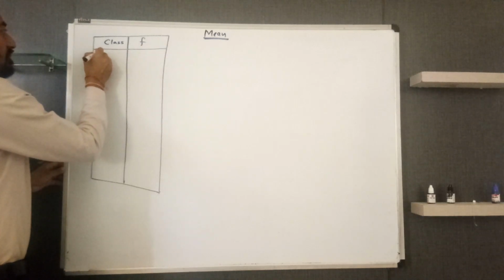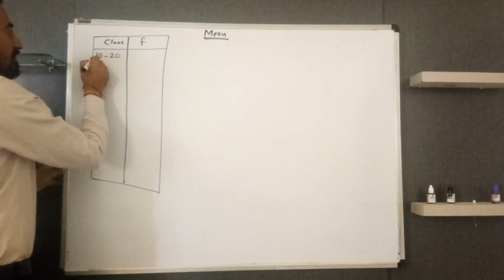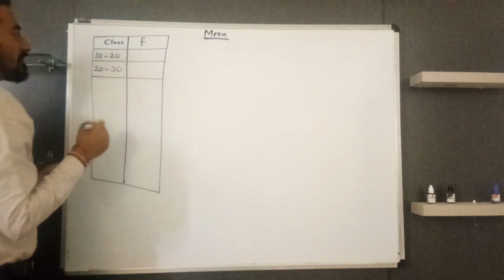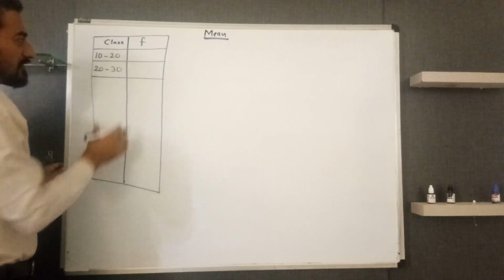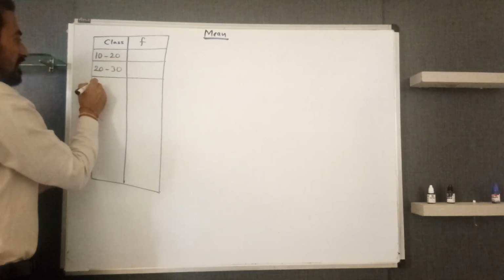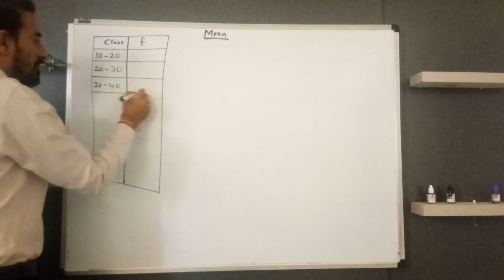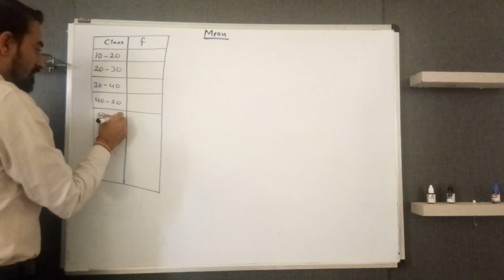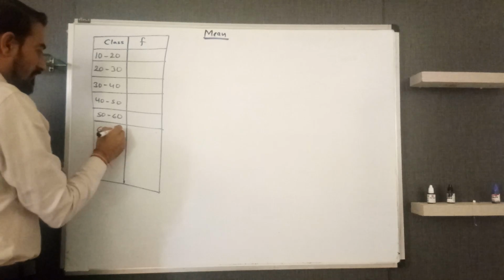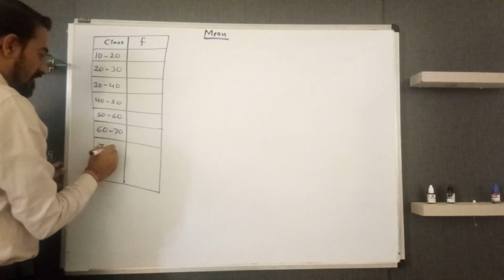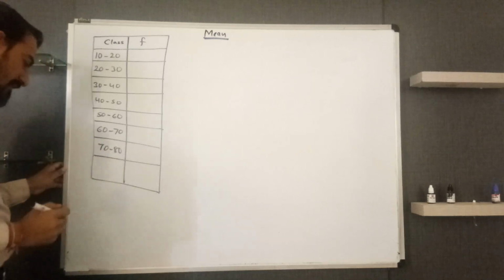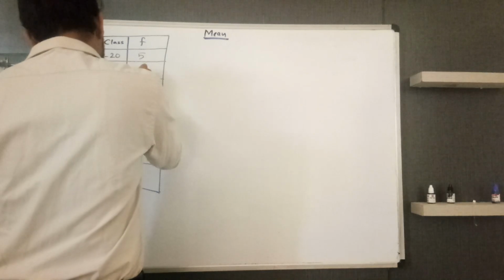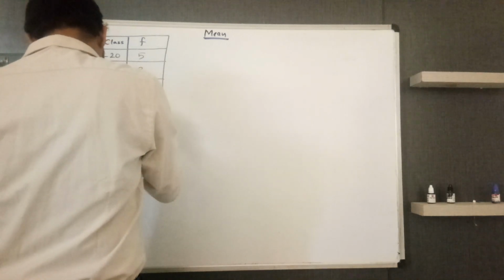I am taking classes 10 to 20, 20 to 30, 30 to 40, 40 to 50, 50 to 60, 60 to 70, 70 to 80. Like this we have. And now frequencies are 5, 3, 4, P, 2, 6, 13.